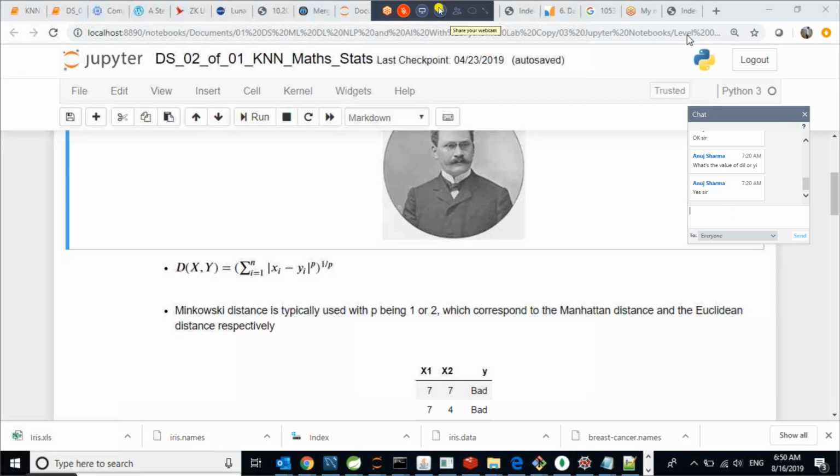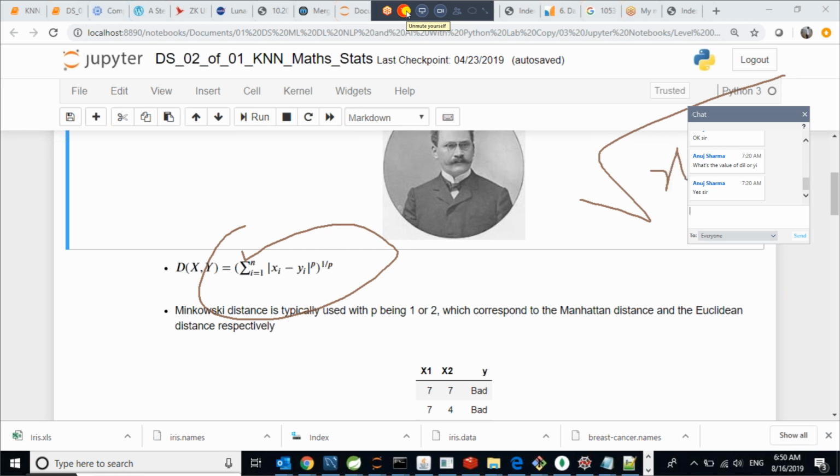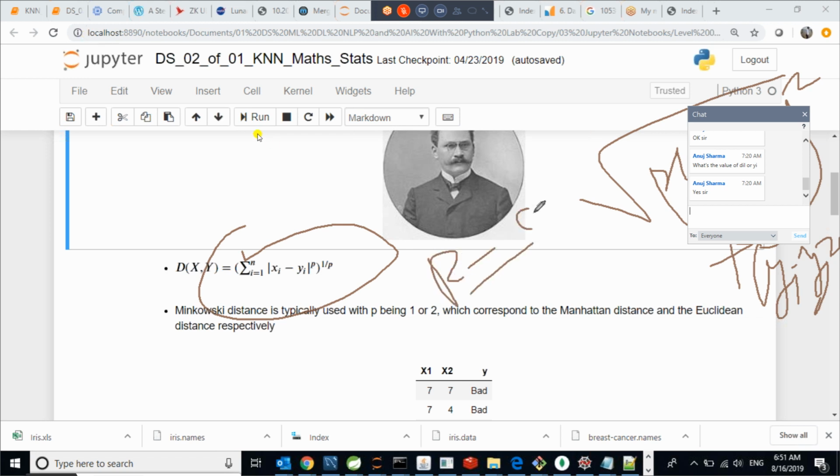Simple here. This is the formula. If you are applying the 2, the output will become (x1 minus x2) whole square plus (y1 minus y2) whole square. That's it, this is when you apply p equal to 2. Think about how the formula became.